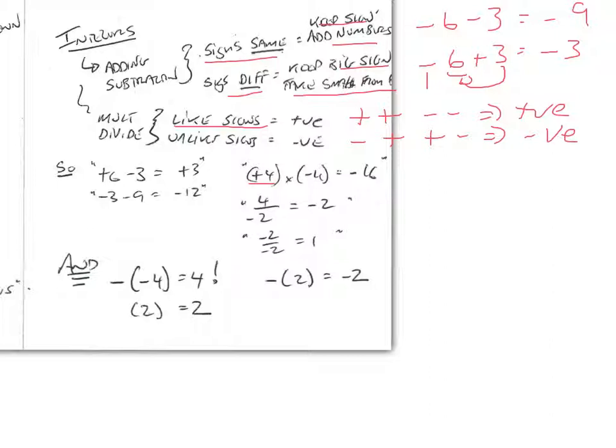Plus 4 multiplied by minus 4. Plus by minus, signs are different, gives us a minus, or the unlike minus sign, and 4 fours is 16. Or in this case here, plus 4 divided by minus 2. Well, a plus you can't see, but it's there. Plus and minus gives minus, and 4 divided by 2 is 2. Here we have minus 2 divided by minus 2. The signs are the same, so that gives a plus here, and 2 divided by 2 is 1.